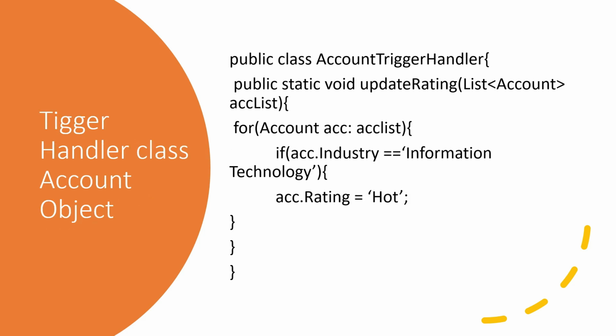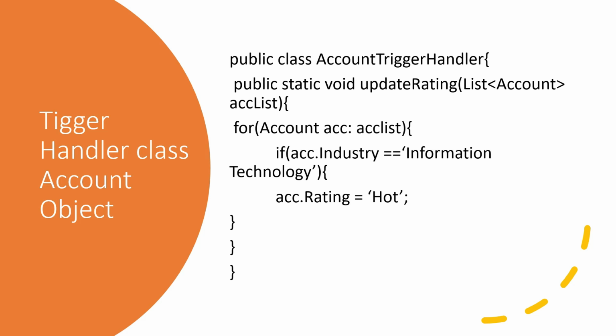Here is the trigger handler class where we have declared a public static method whose name is updateRating, and return type is void. So public static void updateRating, accepting a list of account, accList. accList will have Trigger.new records.